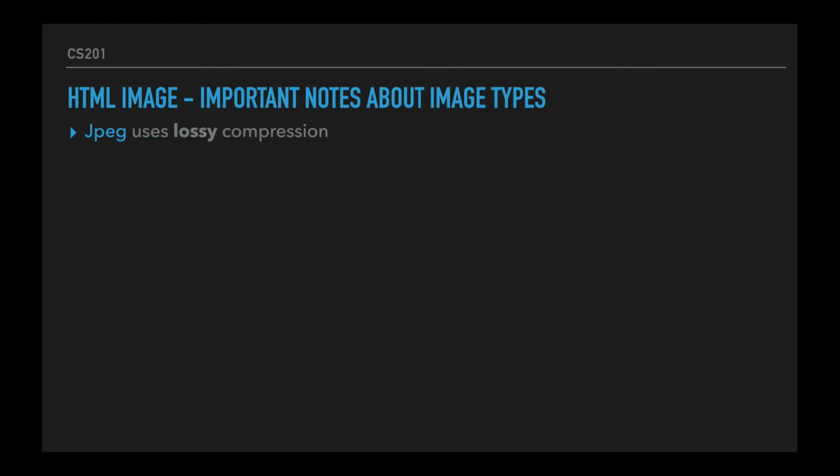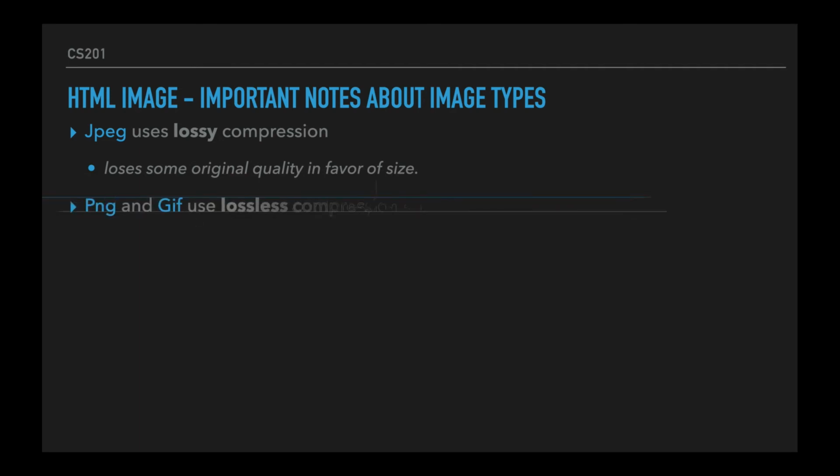The JPEG uses a lossy compression, which means it loses some of the original quality in favor of size. PNG and GIF use a lossless compression, which means no image quality is lost.